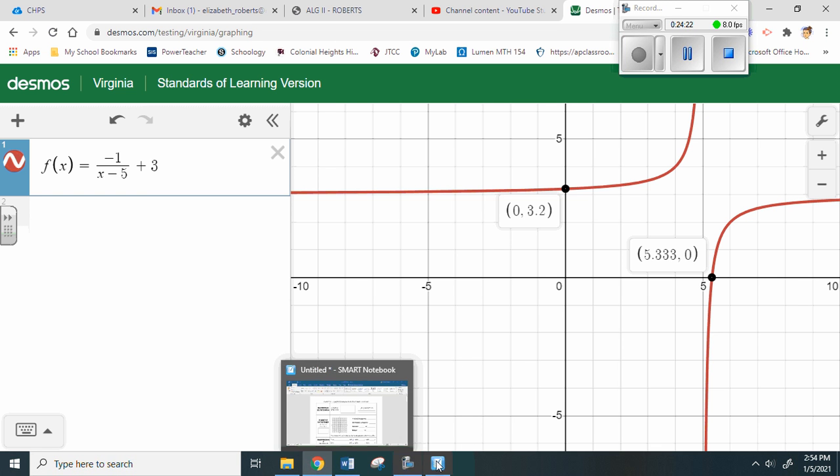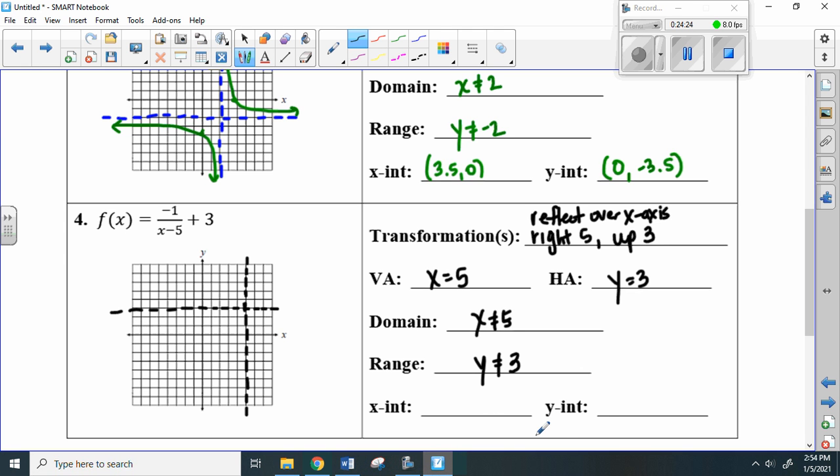So on the y-axis, I should go up to 0, 3.2 and put a point. And on the x-axis, I should go over to 5.333 and put a point.